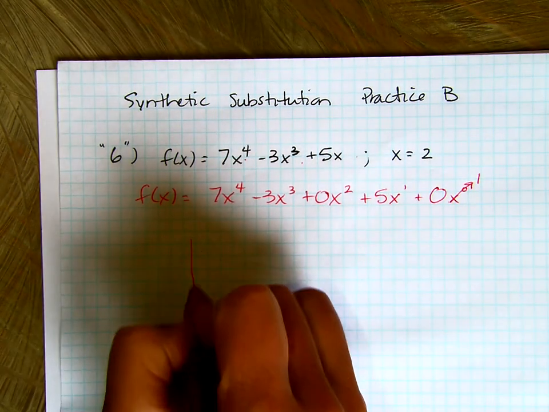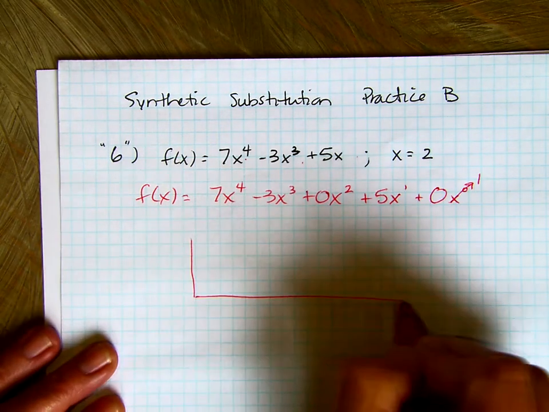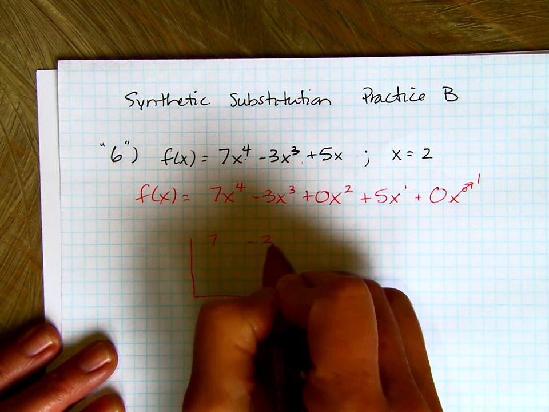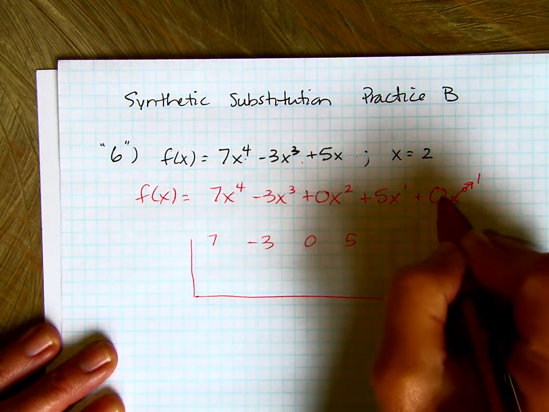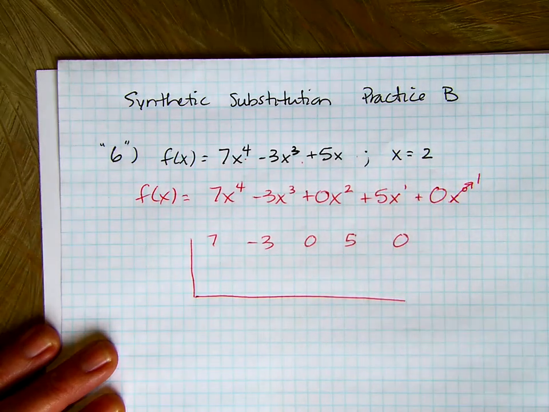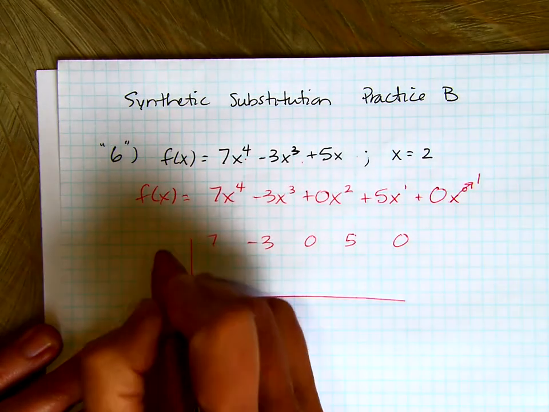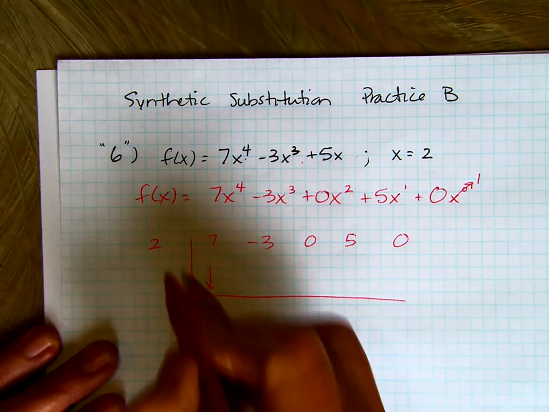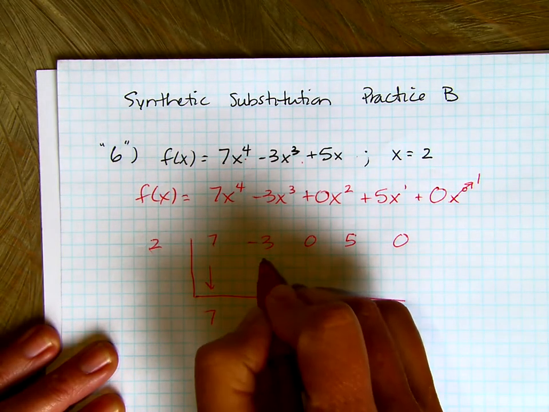And then, if I'm going to synthetic substitute, I'm going to bring down my coefficients. So you need to hold the place for all these other guys that aren't up here. They do exist, we just don't write them because they're zeros. And I'm going to plug in a 2. So how does this work again? Bring the 7 right down. 2 times 7 is 14.